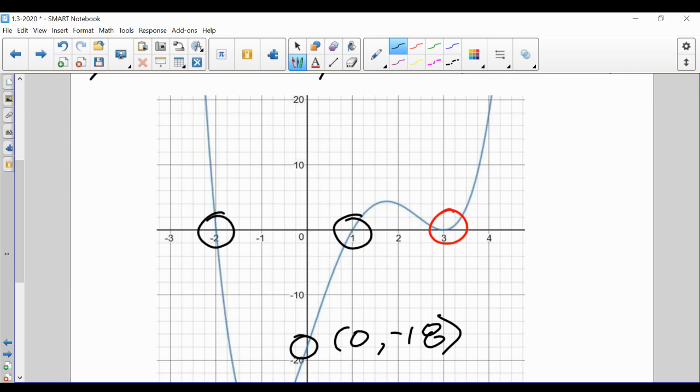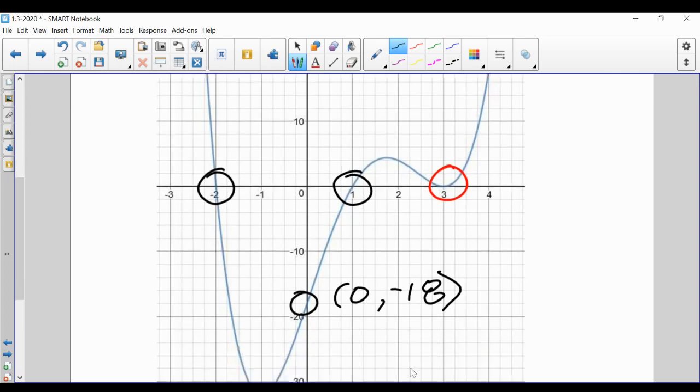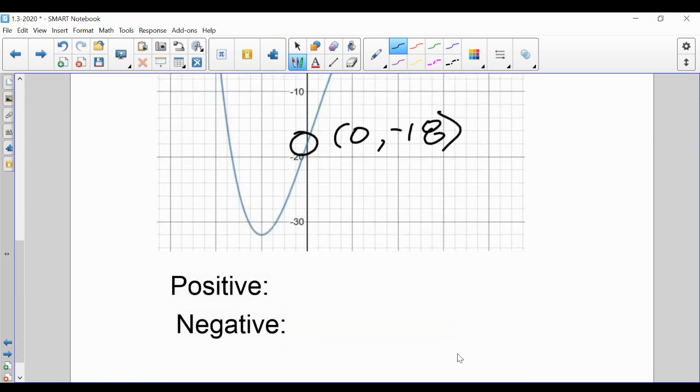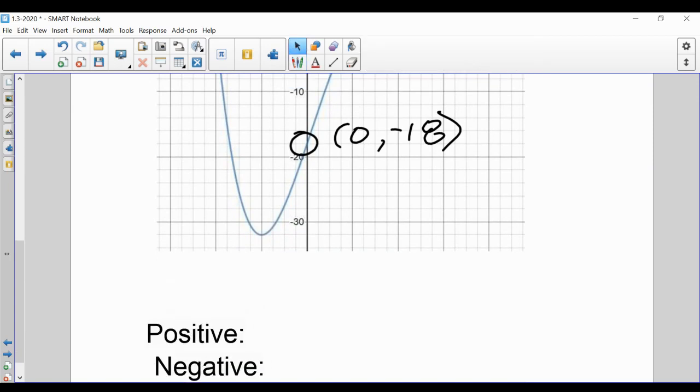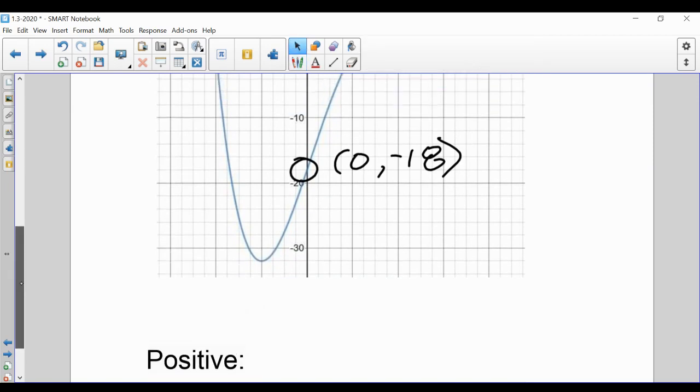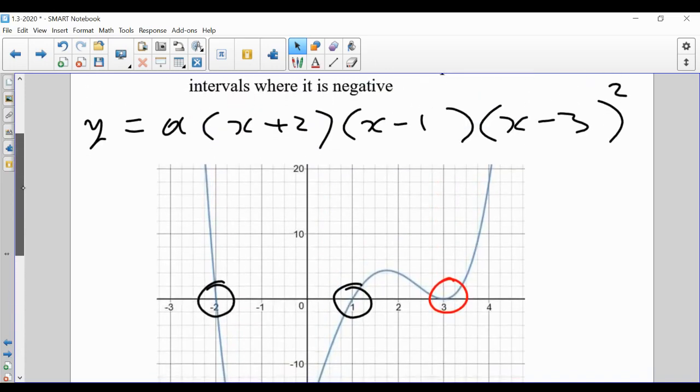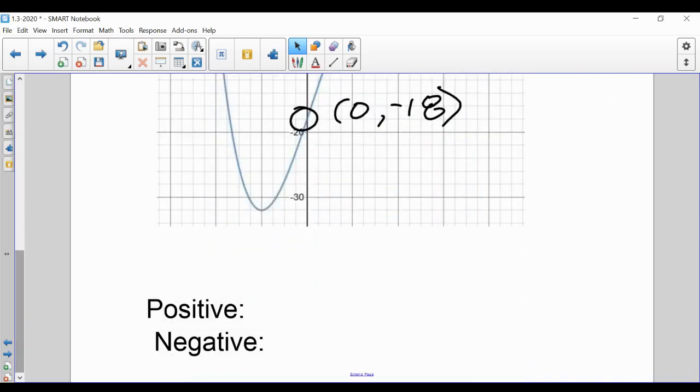So let's now see if we can finish getting the equation by using this point that we see on the line, 0, minus 18. We're going to get to the positive, negative stuff a little bit later on. That means y is equal to, but my y is minus 18 now.